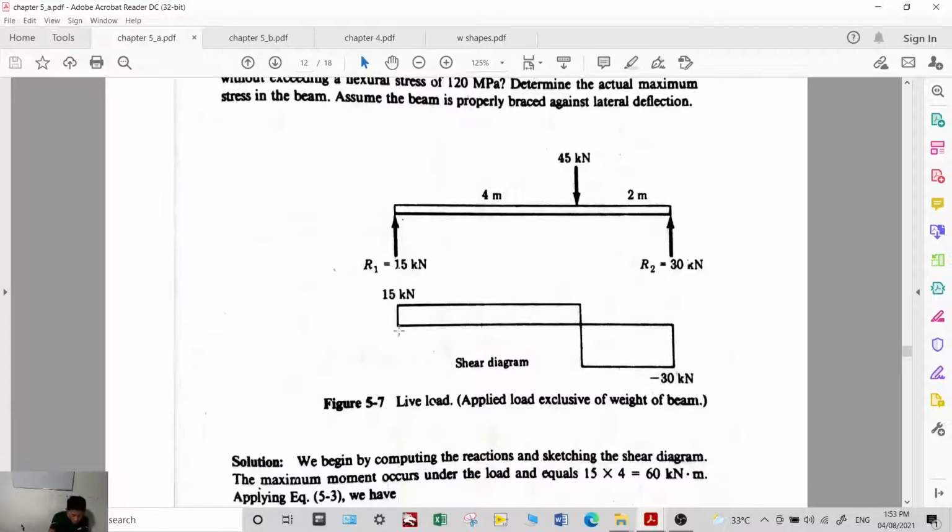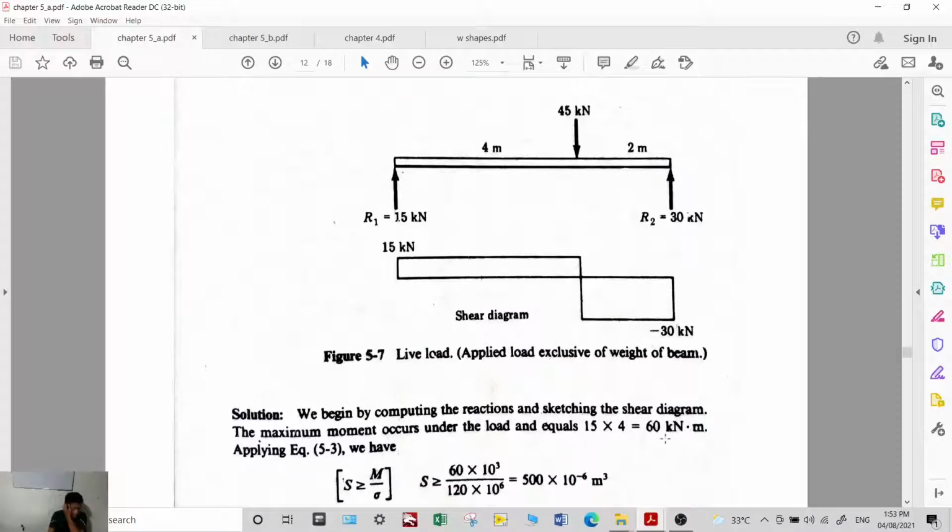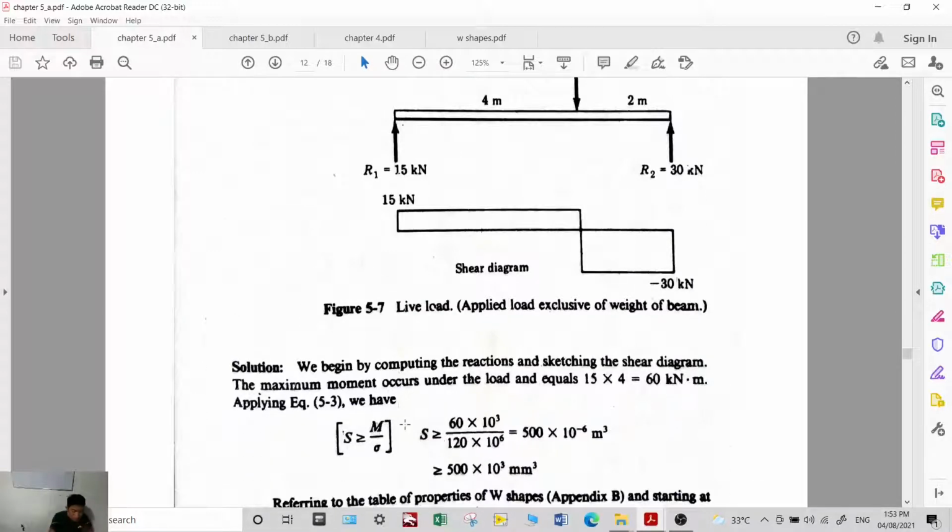Kung gusto ka, kuhaon pud nimo ang moment diagram or you just get the area ani. Kay diri man ang maximum moment na occur. So kuhaon nimo ang area ani. Ang maximum moment ani is 15 times 4 which is 60 kilonewton meter.